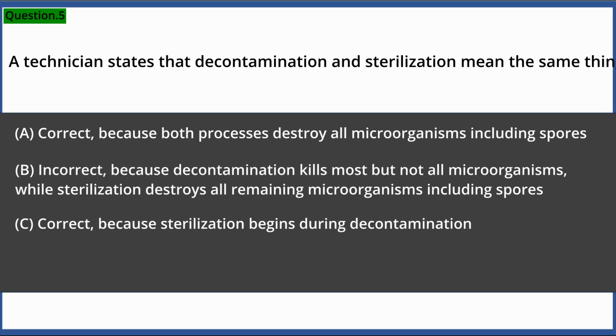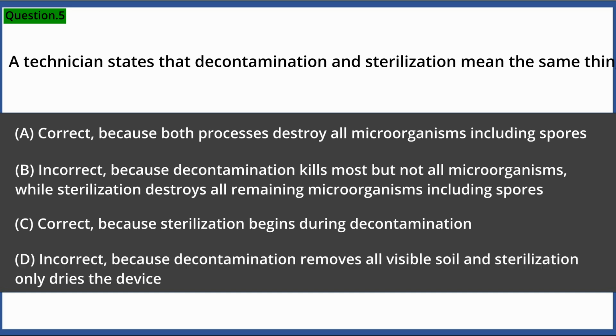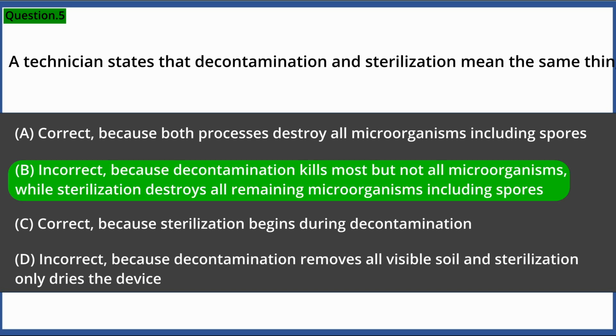C. Correct, because sterilization begins during decontamination. D. Incorrect, because decontamination removes all visible soil and sterilization only dries the device. Answer. B. Incorrect, because decontamination kills most but not all microorganisms, while sterilization destroys all remaining microorganisms including spores.